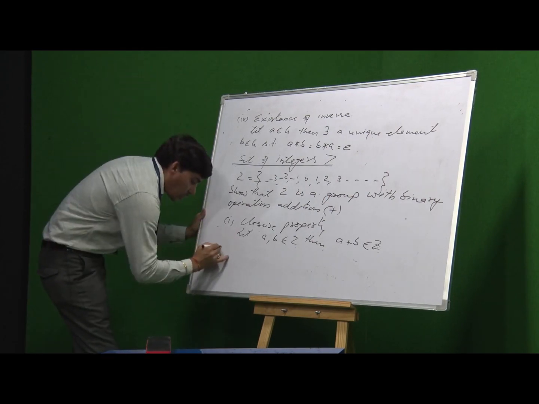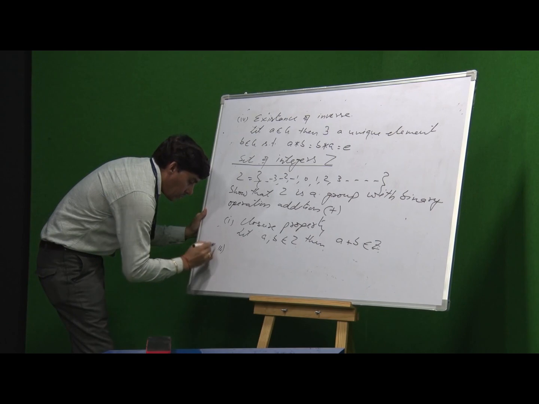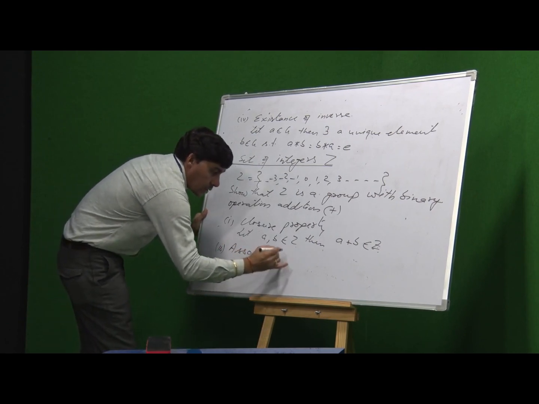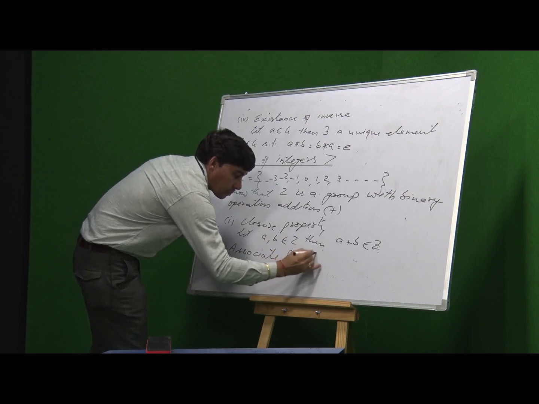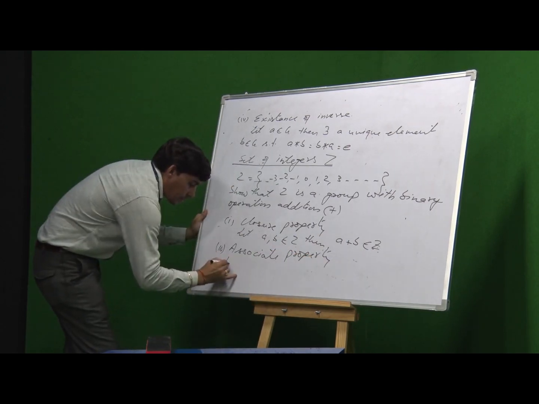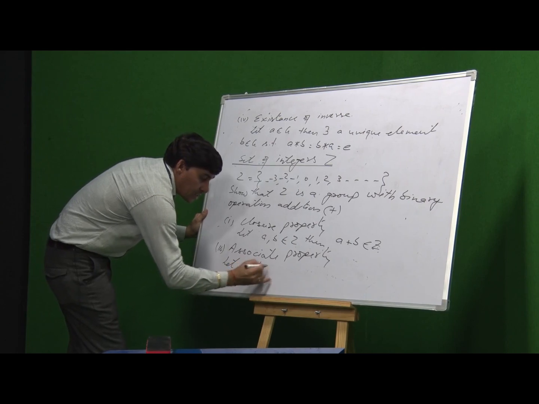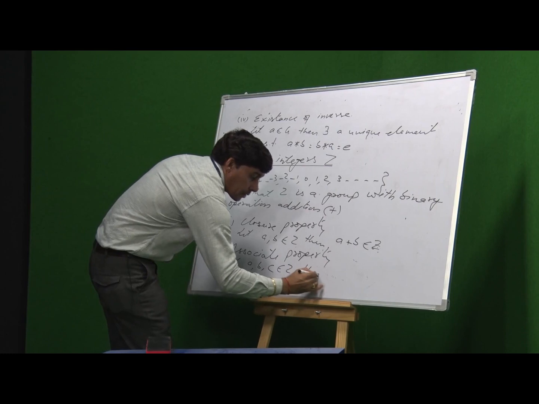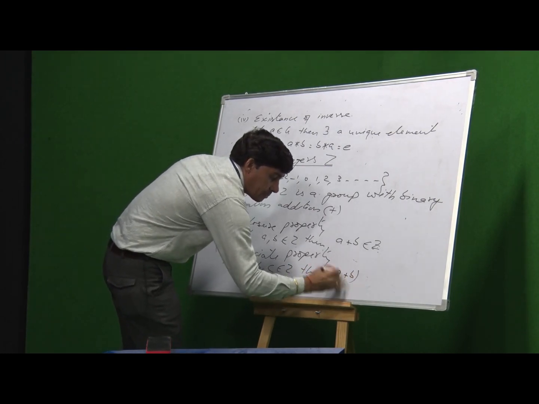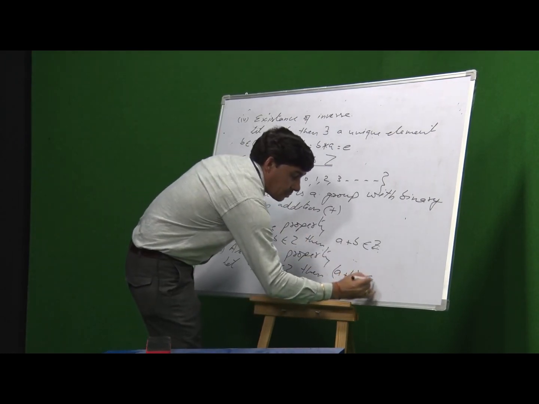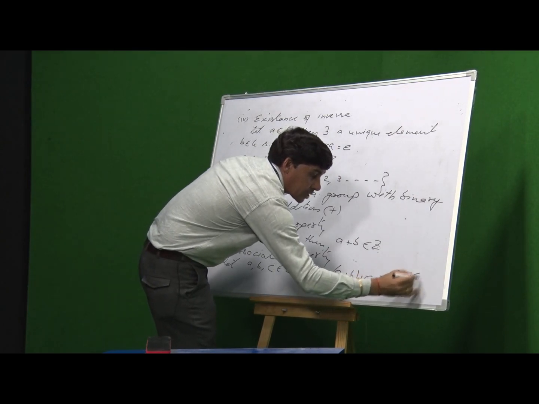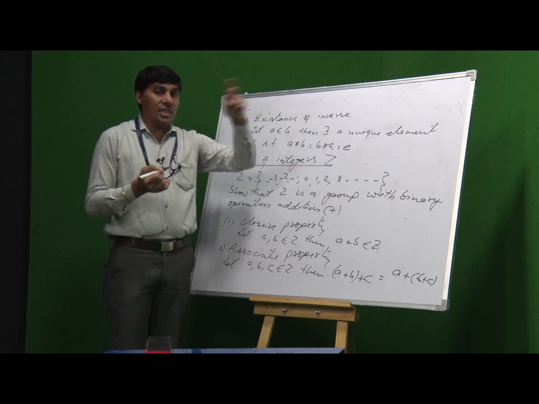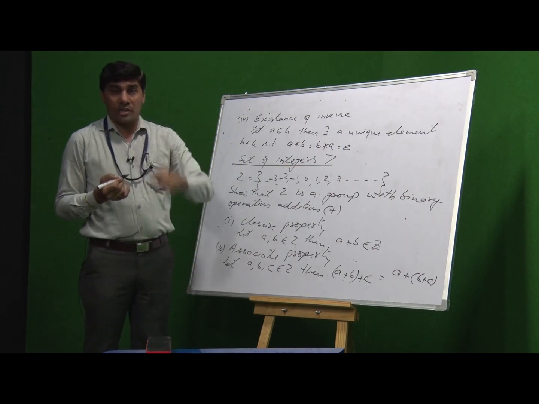Second, associative property. Let a, b, c belong to Z, then (a plus b) plus c is always equal to a plus (b plus c). You can take any three integers according to your choice.